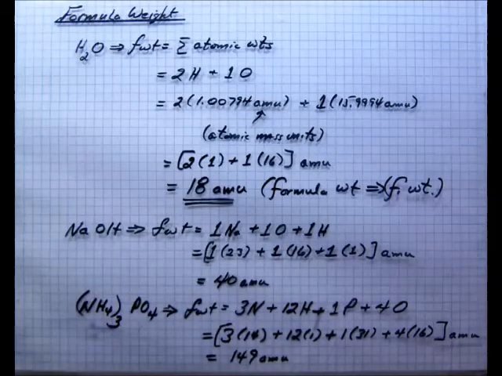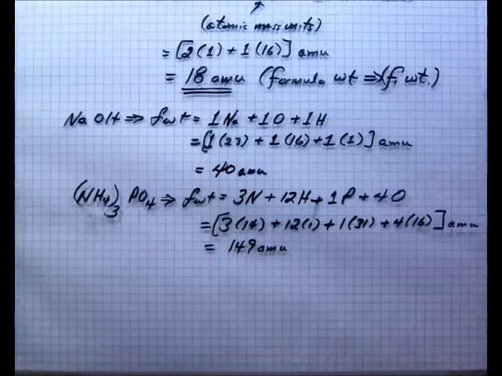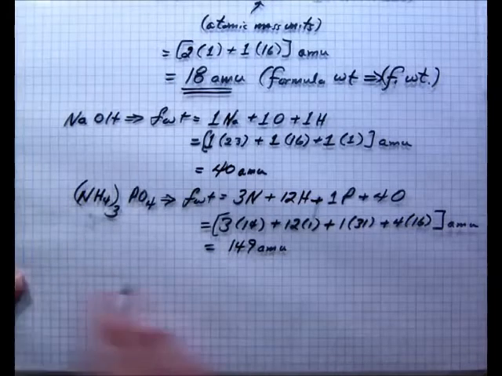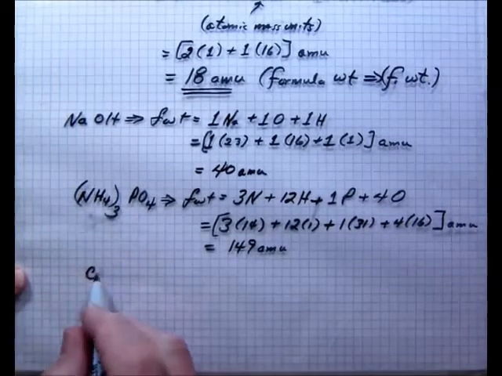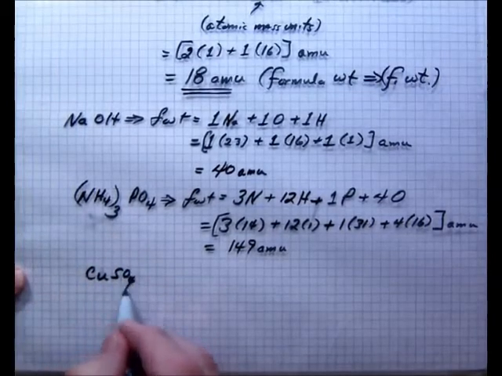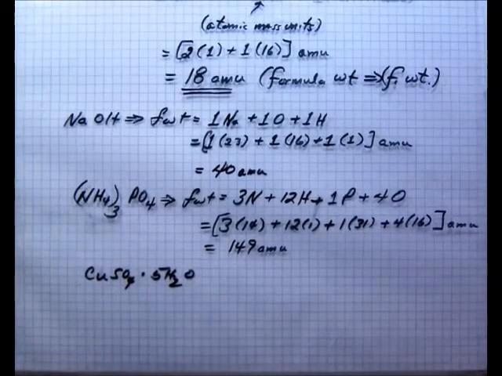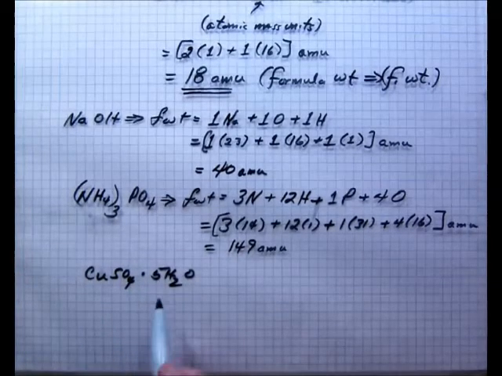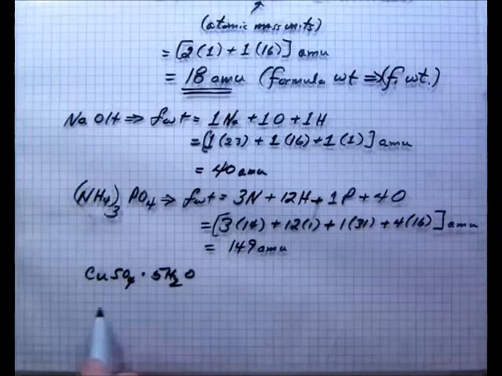Only one other that I think requires comment at this point: hydrates. We worked with a substance in the lab, copper sulfate pentahydrate, which would be represented in this format. This shows coordinated water, 5 molecules of water coordinated.